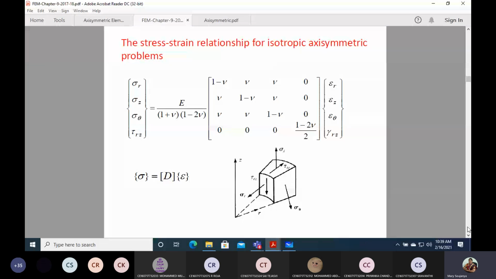Only these stresses and strains are present in the axisymmetric element. You may note down this relation, because problems, if at all they are asked in the axisymmetric problem, generally would be with respect to the D matrix or the B matrix. We have seen the D matrix till now. We will see what the B matrix is further.